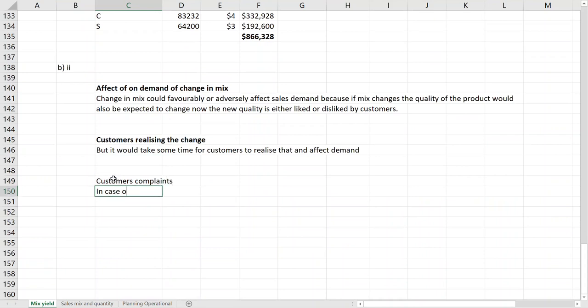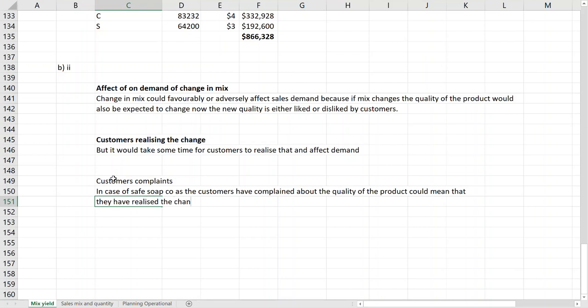In case of Safe Soap, as the customers have complained about the quality of the product, it could mean that they have realized the change in quality.